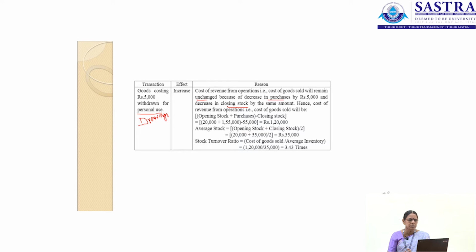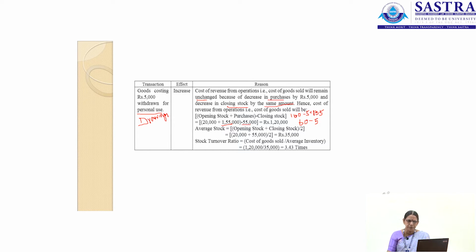So this same amount will also affect your closing stock. So already we have 1,60,000 as your purchases, minus your 5,000 will give you 1,55,000. That is your purchases amount. Now closing stock is already 60,000, minus your 5,000 rupees will give you 55,000 rupees.